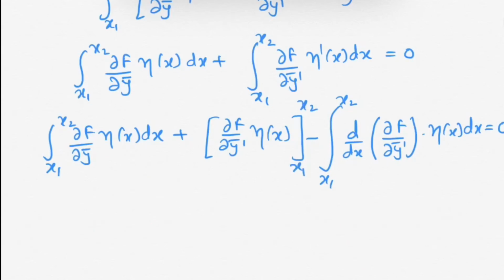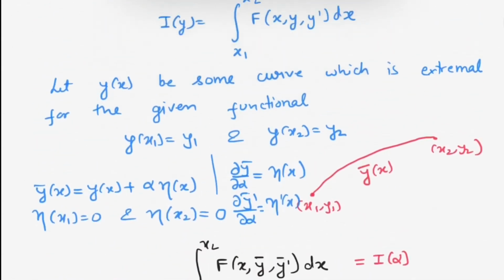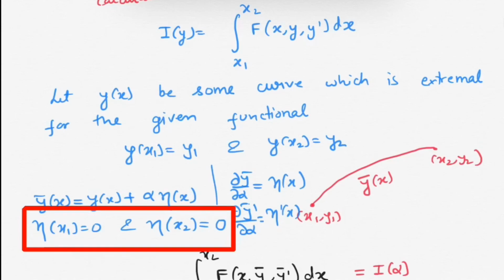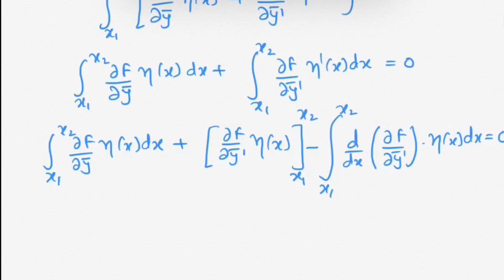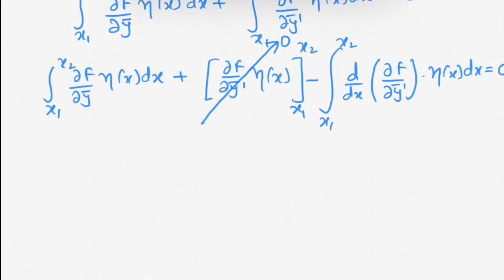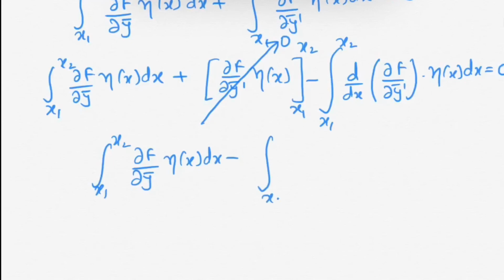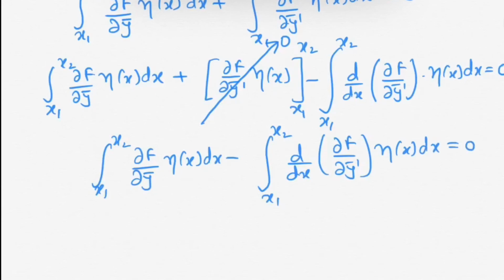When you put in the limits, we know that eta x at x1 and eta x at x2 is 0, so this boundary term goes to 0. Now we are left with integration x1 to x2 del f over del y bar eta x dx minus integration x1 to x2 d over dx del f over del y bar prime eta x dx equals 0.